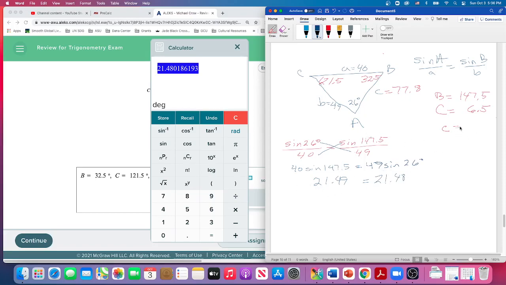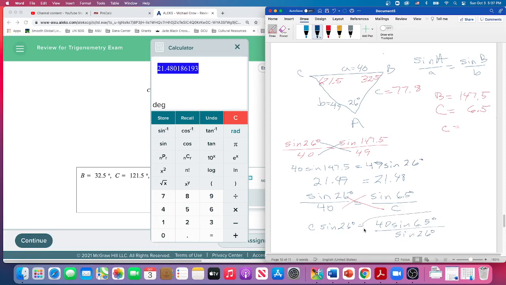So this did work, so now we should be able to find c. Again, we go with the sine of 26 degrees over 40 is equal to the sine of 6.5 degrees over little c. We cross multiply. We get c times the sine of 26 degrees equals 40 times the sine of 6.5 degrees. So we divide both sides by the sine of 26 degrees, and that's going to be what little c is.